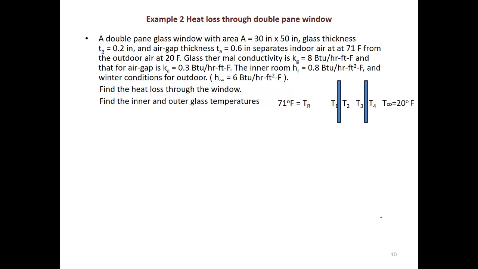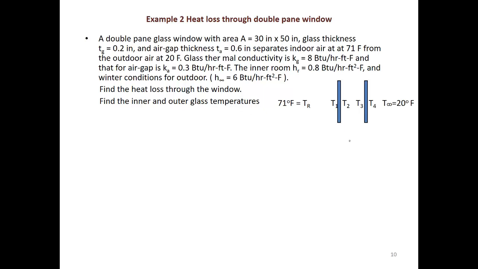Let's look into more numerical examples. So we have a double glass window with an area A which is 30 times 50 inch.